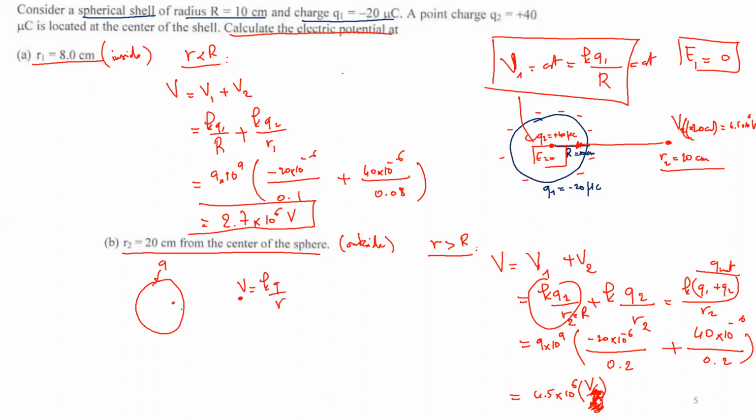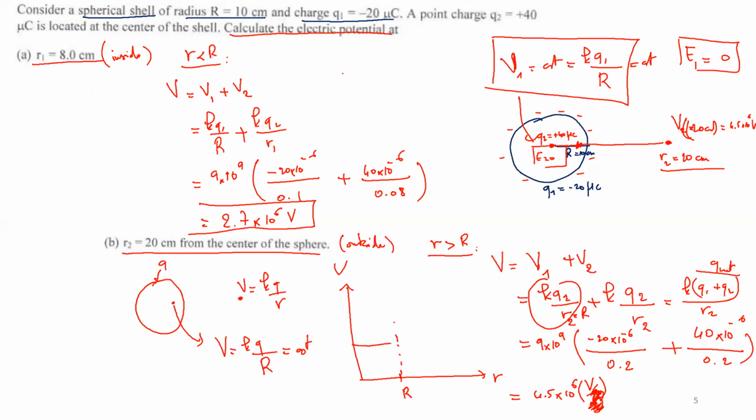But inside, the electric potential will be just K Q divided by the radius of my spherical shell, which is a constant. And if I plot V as a function of the distance r, this is the radius of my shell.